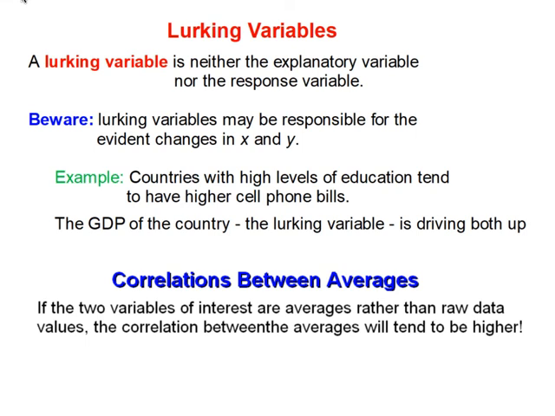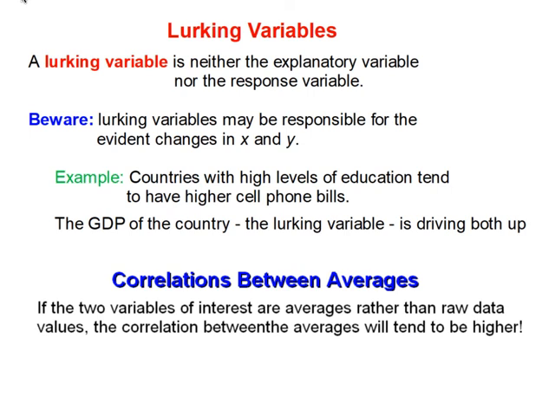For example, countries with high levels of education tend to have higher cell phone bills. Well, is it the fact that education gives you high cell phone bills, or is it that the gross profit, or the GDP, of the countries is the lurking variable really driving both of them? The fact that there's more money in the country gives you higher education and higher cell phone bills.